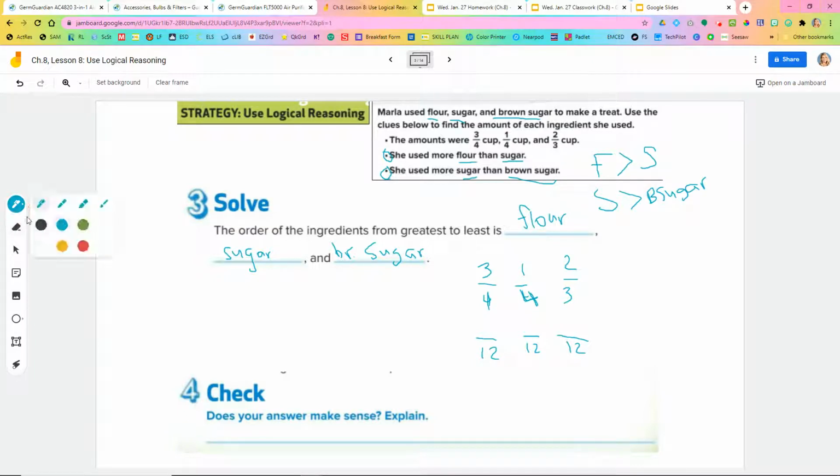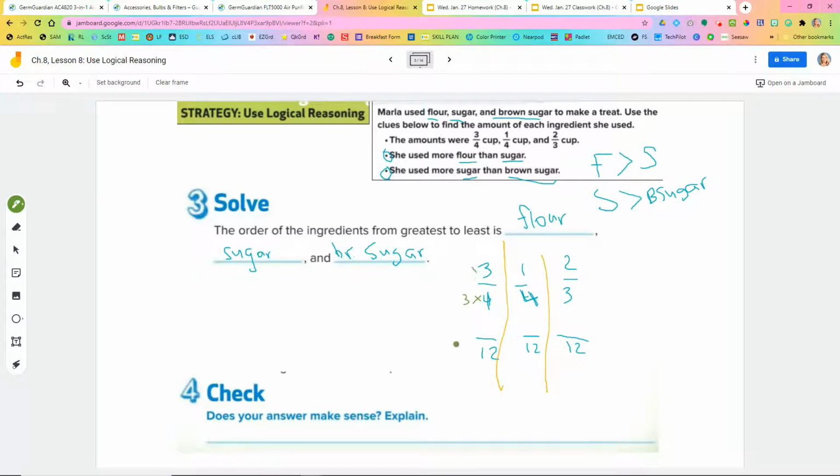Now remember, I want to keep these nice and lined up so that my amounts match with my equivalent amounts up top. Okay, so how did this 4 as a denominator change to 12? Well, I multiplied 4 times 3.